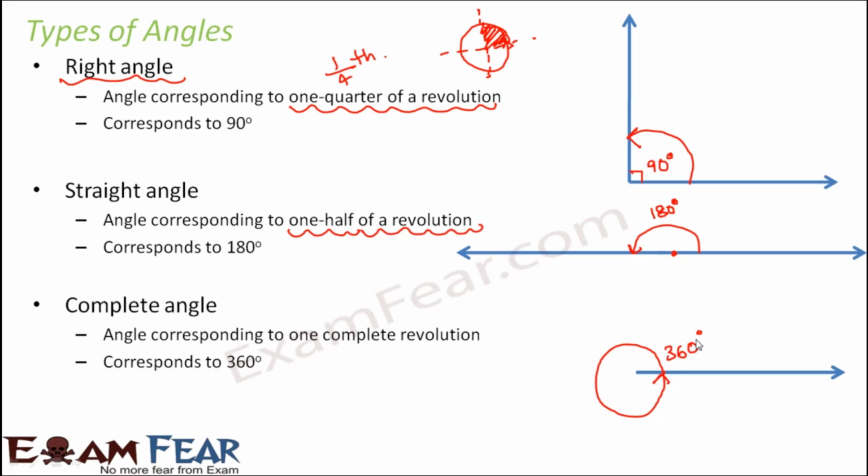It is very easy to remember. Complete means you completed one revolution. So it is complete angle, 360 degree. Straight angle means it forms a straight line, so 180 degrees. Right angle, because you just covered 1/4 of the revolution. So these are the three names given to three specific angles: 90 degree, 180 degree and 360 degree.